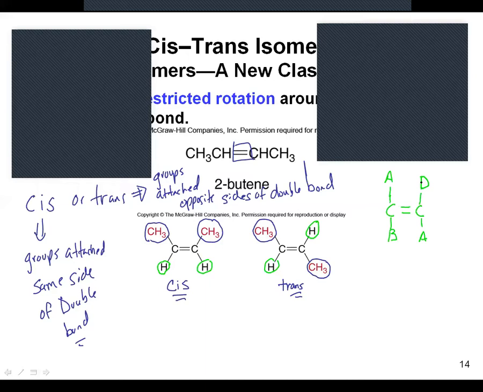So these are sometimes given in names as well. So this is 2-butene, and this would be cis 2-butene, and this would be trans 2-butene. So you may say to yourself, how did we get to butene?